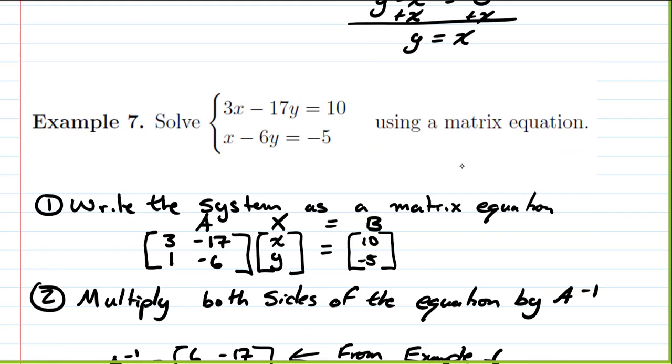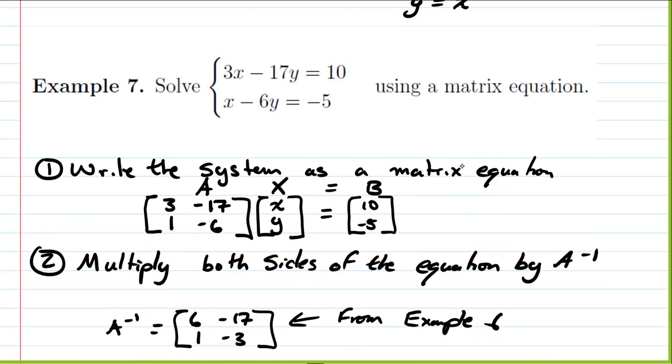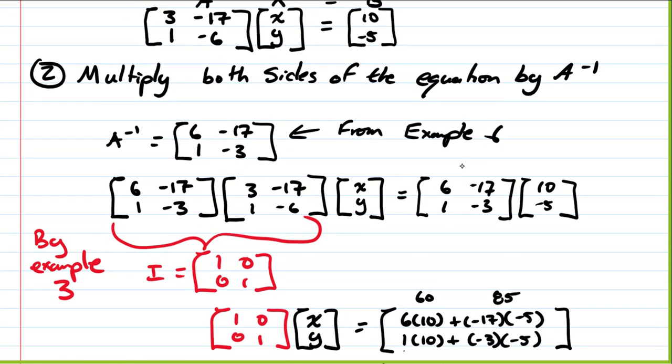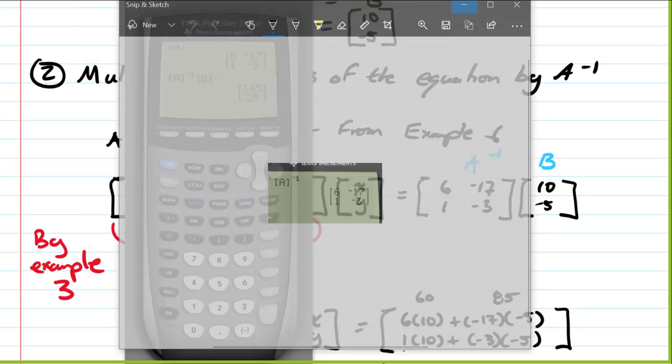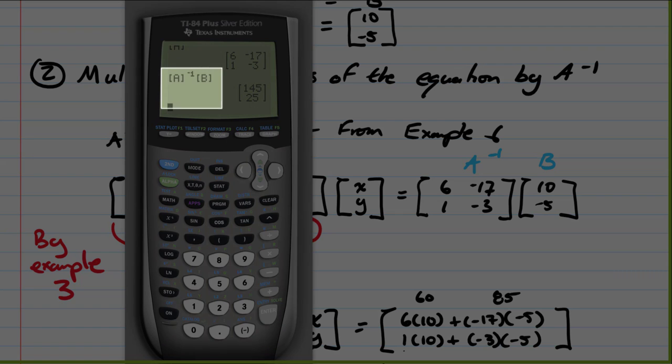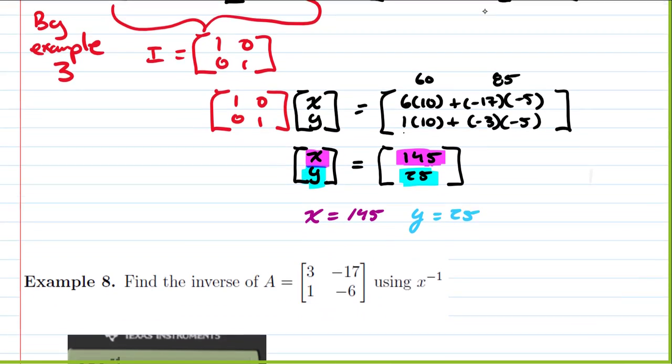And from our theorem, we know that the solution x is A inverse times B. Well, that's exactly what this was right here. This is A inverse times B. Well, we can do that right in our calculator. So we go second matrix, we grab matrix A, we hit our inverse key, second matrix, and then we choose matrix B, and we press enter, and we get A inverse times B is equal to this.